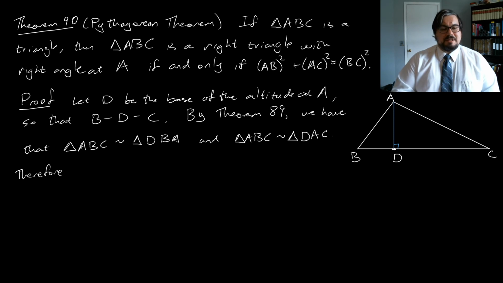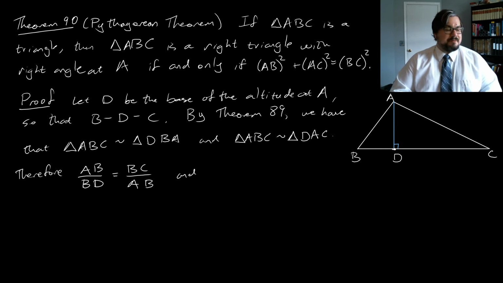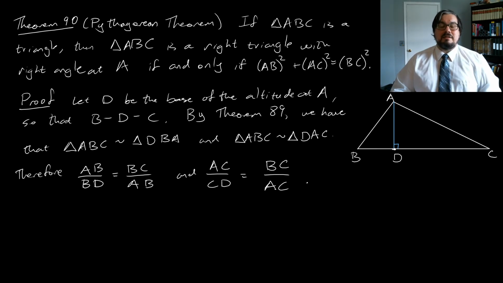So from the first similarity, we have that AB over BD is equal to BC over AB. And from the second similarity, we have that AC over CD is equal to BC over AC. So here, just taking corresponding sides and saying that their ratios are equal.